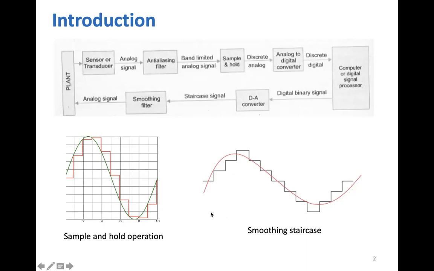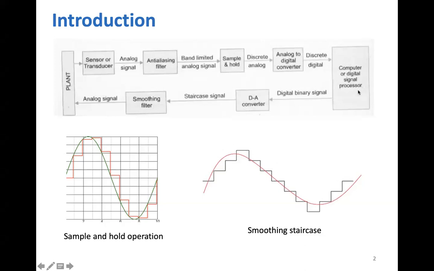Why do I call it smooth? Because there is not much holding time, and immediately the next wave starts. But here you can see there is a lot of holding time, so you cannot say the staircase is smooth, but here you can find more information, which means more staircases.